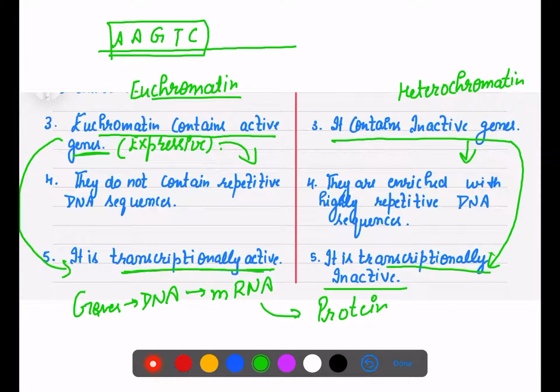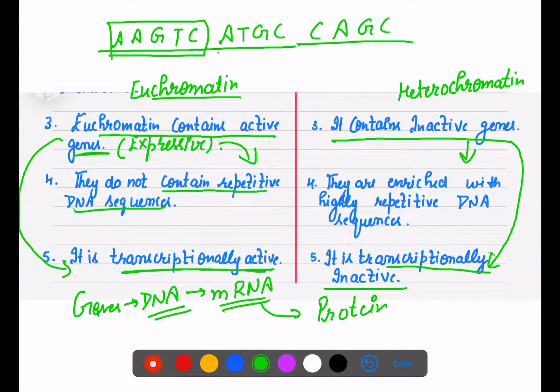The more active the genes are, the more they will convert into mRNA. Then euchromatin does not contain any repetitive DNA sequences. Like on DNA, if one sequence is AAGTC, the next sequence can be ATGC, next CAGC. They are different sequences, not repetitive sequences.